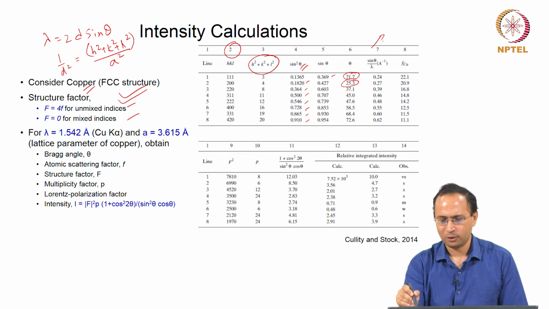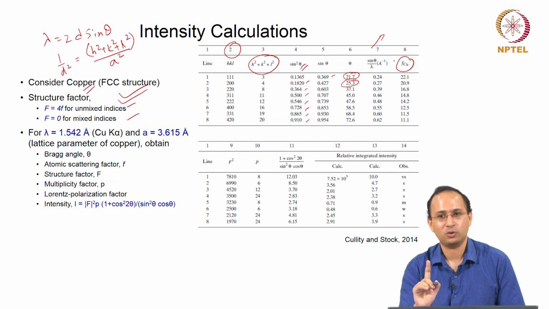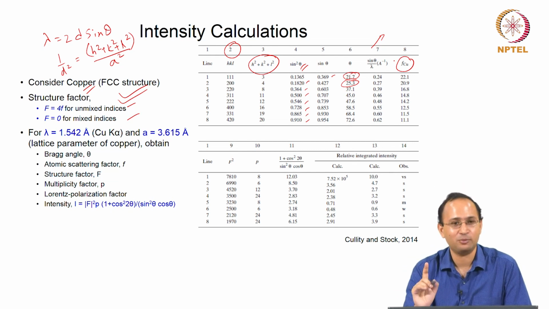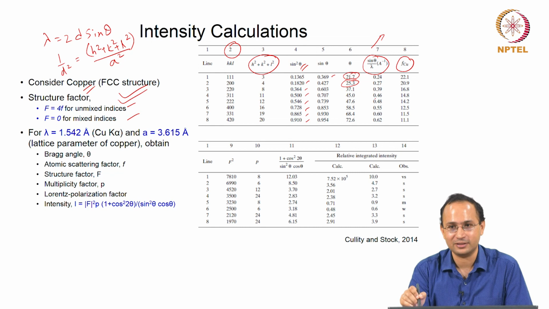This term we are calculating, I think I explained in the last class, because to calculate the structure factor you need the atomic scattering factor, and the scattering factor depends on this term, sin theta over lambda. That is the reason why we are calculating this here.